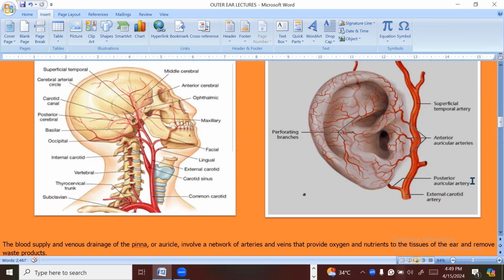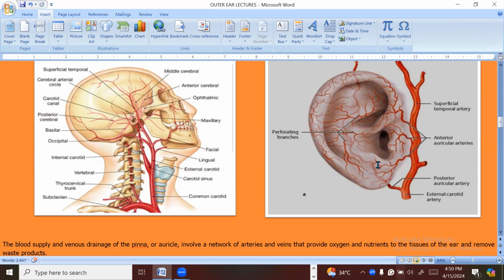So the pinna receives blood through the auricular artery, and the auricular artery is a branch from the external carotid artery. It supplies the posterior part of the ear. Then the external carotid artery also branches further to form the anterior auricular arteries that supply the tragus and the antitragus.